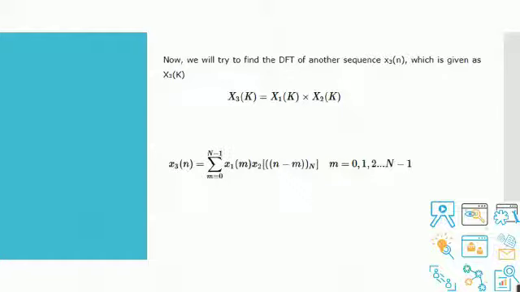As you can see below, x3 of n can be obtained by this formula: the summation of m varying from 0 to capital N minus 1 of x1 of m into x2 of (n minus m) modulo N, with m varying from 0 to N minus 1. Here capital N is nothing but the period of the sequence. The period can be 2, 3, 4, 5 or 6. So this is the basic thing.